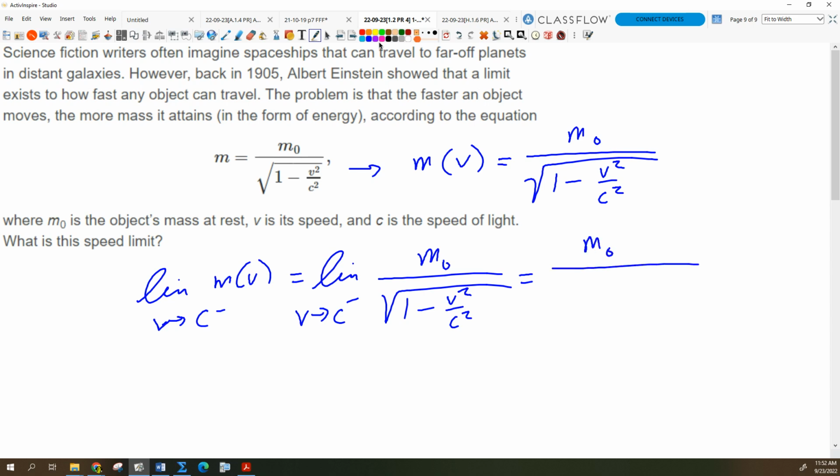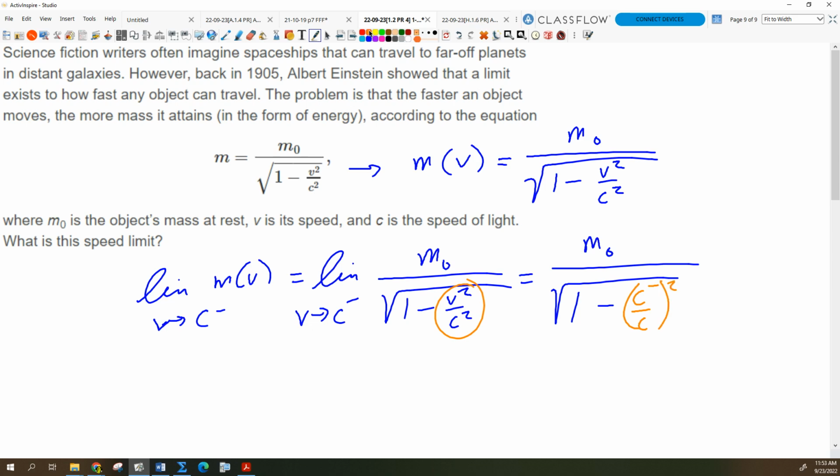Don't know what it is, don't need to know. Divided by the square root of 1 minus, now what is this fraction going to become? I'm getting c minus squared divided by c squared. What's that going to be? It's going to look like c minus over c.